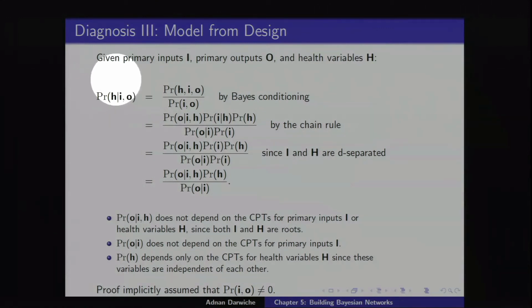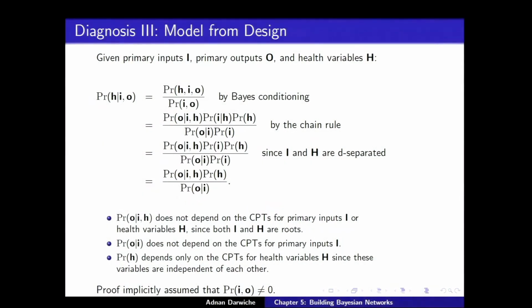H is the health variables, given I and O, input, primary outputs, that's the query I'm interested in. It does the simplification to eventually show that it's basically independent of the distribution you have on the input.